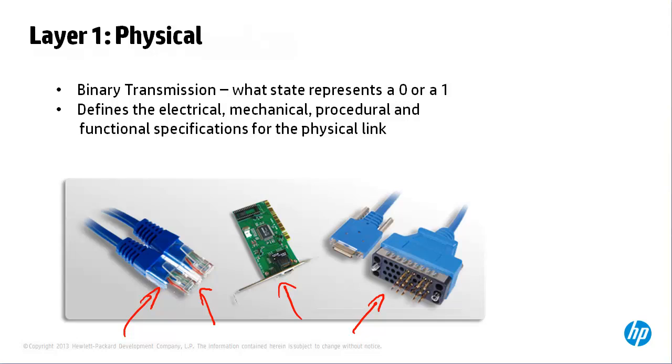Once again, a software engineer working at layer 7 of the OSI model doesn't need to be concerned with the physical characteristics of Ethernet or ATM or V35 cables. He concentrates on the specifications at layer 7, and vendors providing networking equipment adhere to the standards at layer 1 to ensure interoperability between networking devices.